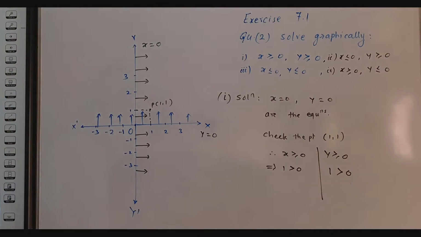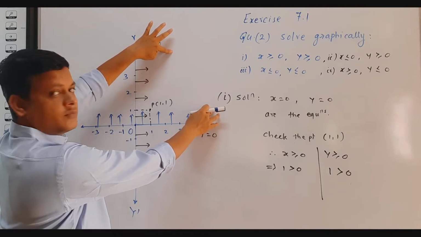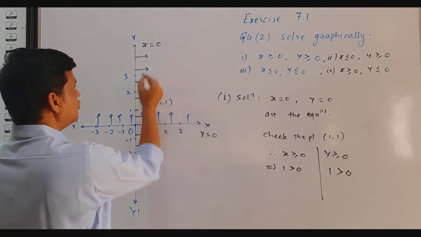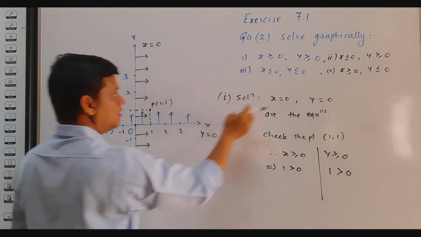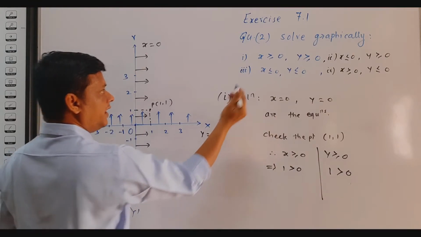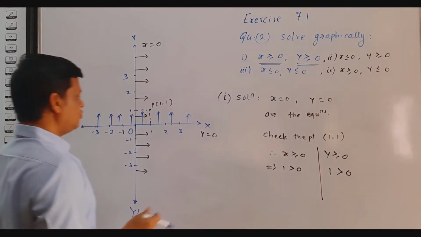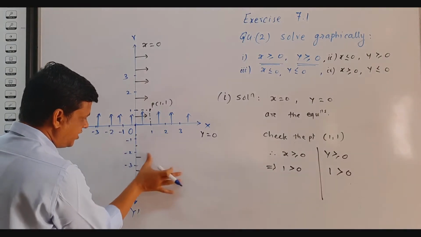Now if you observe, we get the common region in the first quadrant. So this is the feasible region or solution of the inequalities x greater than or equal to 0, y greater than or equal to 0. That means you just have to shade the first quadrant.